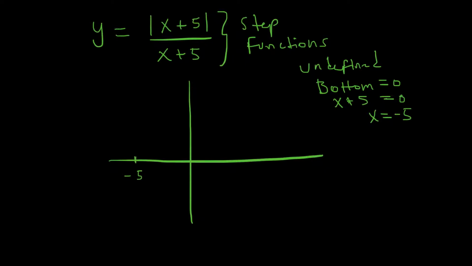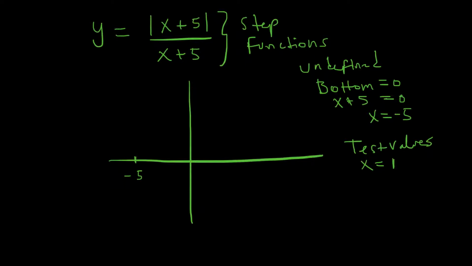That's where the break happens. And now all you have to do is test values, to the left and to the right of negative 5. Try a number to the right of negative 5. Say x equals, I don't know, any number to the right of negative 5. I'm going to go with 1.